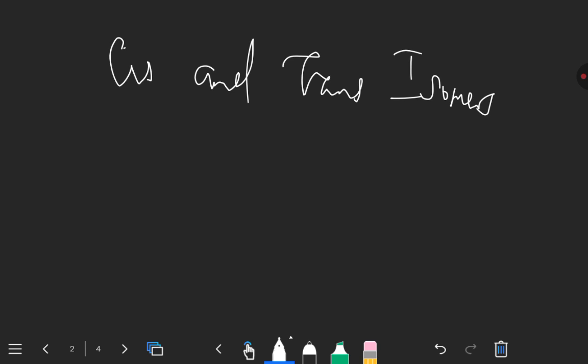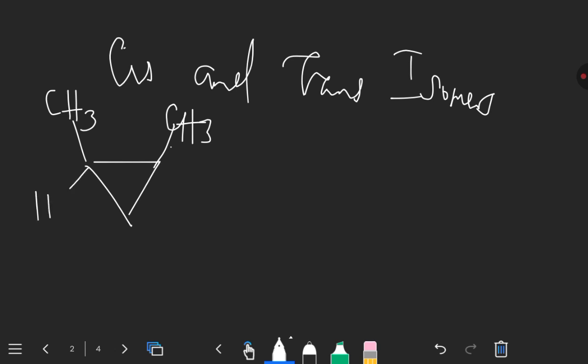So you can have the cyclopropane like that, with both bulky groups, like this methyl, facing on top, even this side. Then we can have the hydrogens down like that, so this is cis.